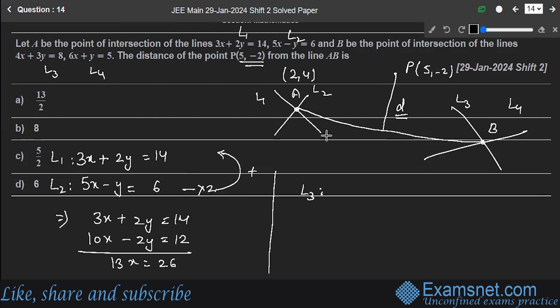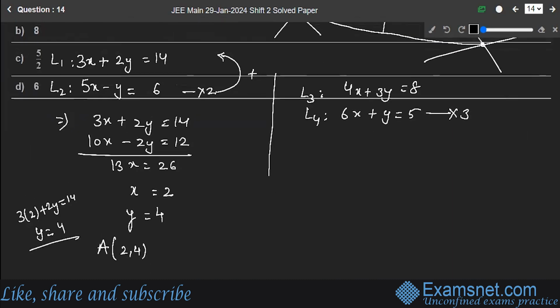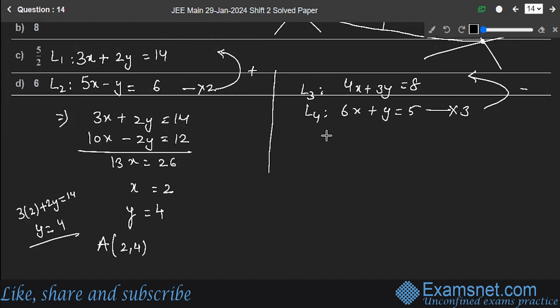Let's find out B as well. This is given by your line L3, 4x plus 3y is equal to 8, and 6x plus y is equal to 5. This is your line L4. And let's multiply it with 3 and subtract from the first one. 4x plus 3y is equal to 8, and 18x plus 3y is equal to 15. Subtracting, the 3y will cancel.